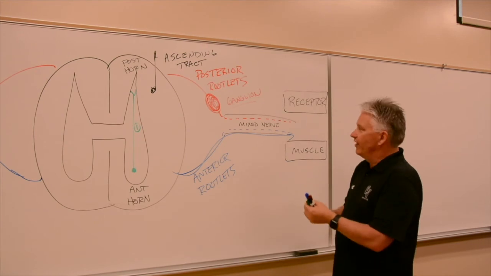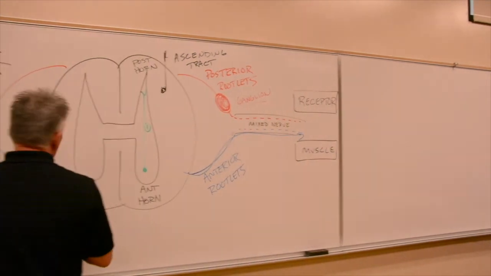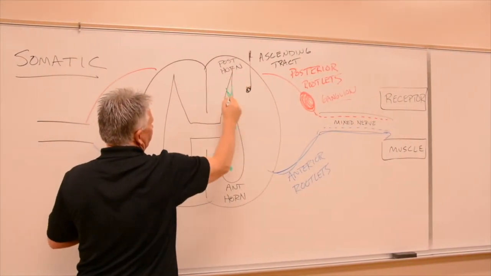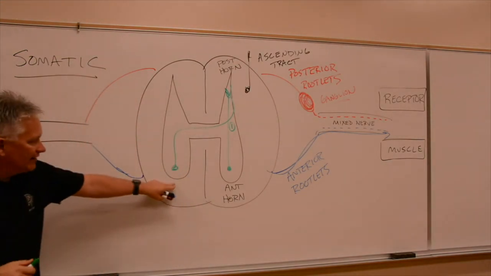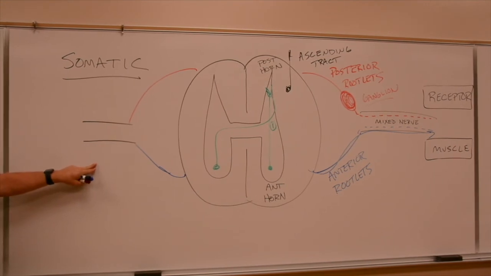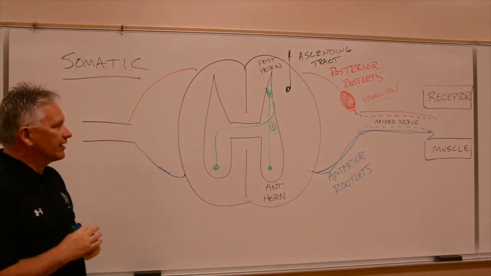And the reason for that is this gray commissure. The fact that I can connect a sensory posterior horn on one side to the anterior motor horn on the opposite side. So we refer to this one as a crossed extensor reflex.